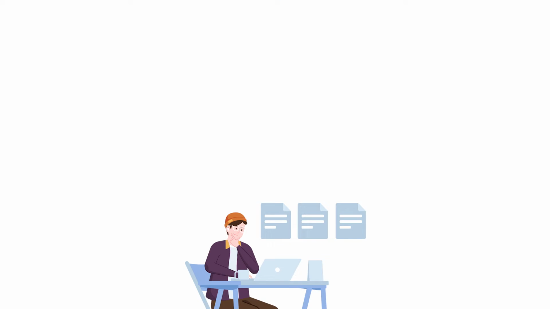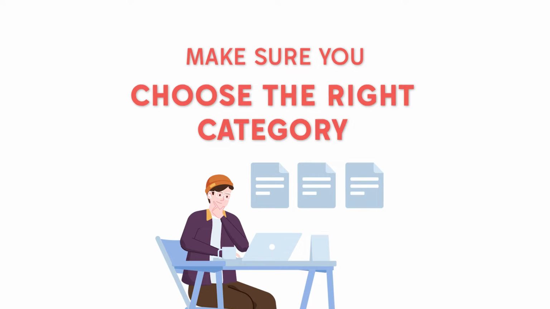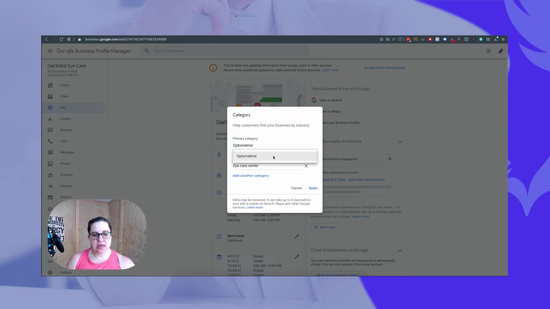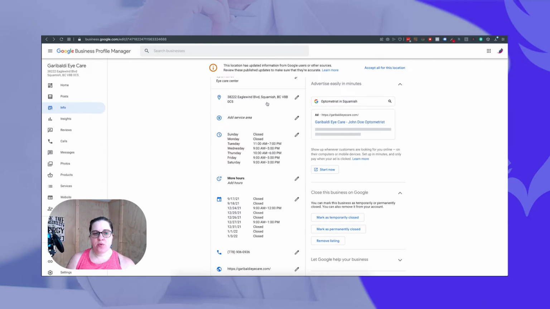So that's the name. Then you want to make sure that you choose the right category. If you go into here, you can add a primary, secondary, and even tertiary category. And it's important that you choose the right categories that you want to rank for. Then you want to make sure your address is correct. Now it should be correct because you already verified and got the code. For most clinics, the service area is not going to be important.